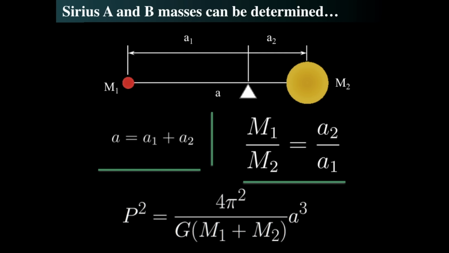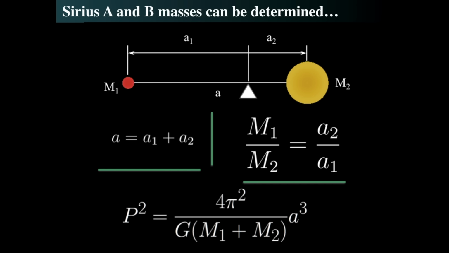In so doing, we find that the ratio of the masses, M1 to M2, where M1 is the smaller mass, is reciprocal to the ratio of the distances between them, A2 and A1. So you'll notice that if M1 is smaller in mass than M2, then it will be farther away than A2. The smaller M1 is, the farther A1 must be for the lever arm to work.